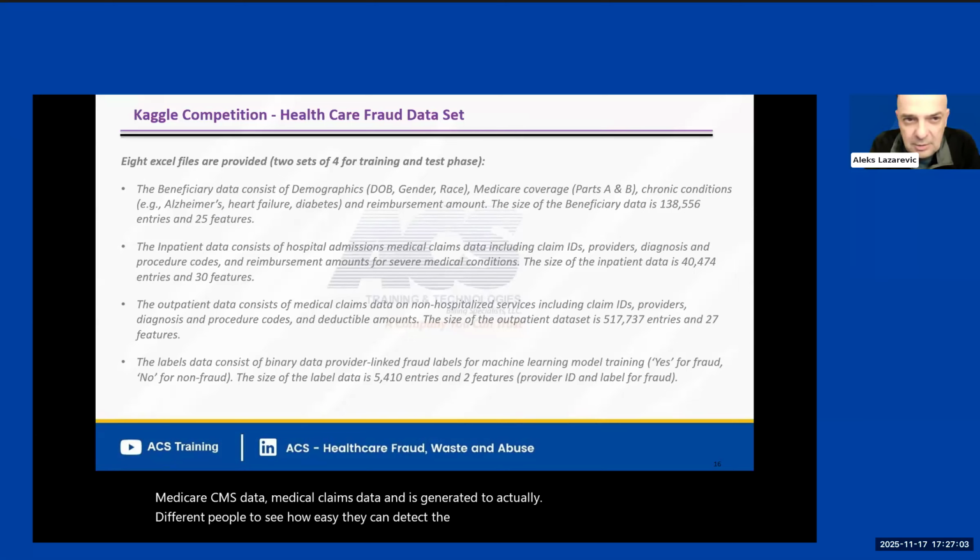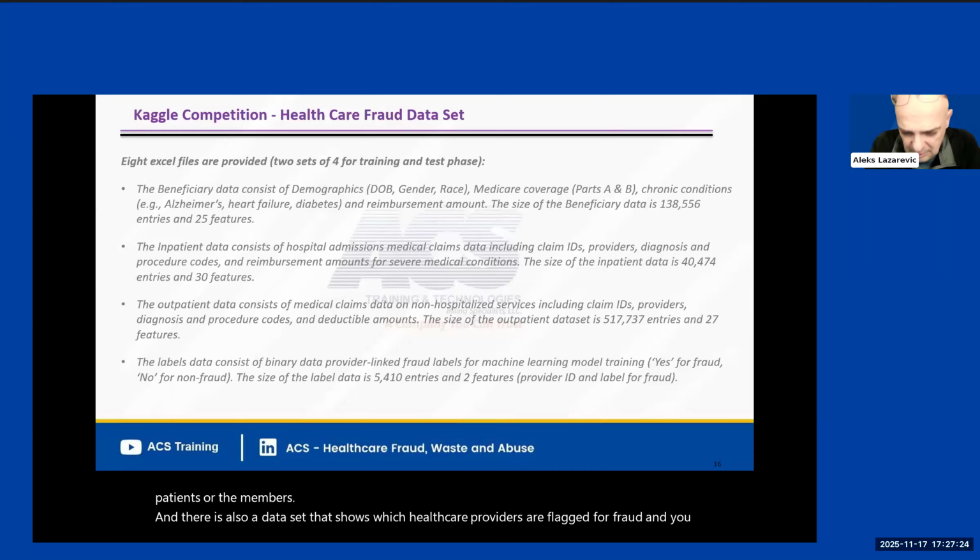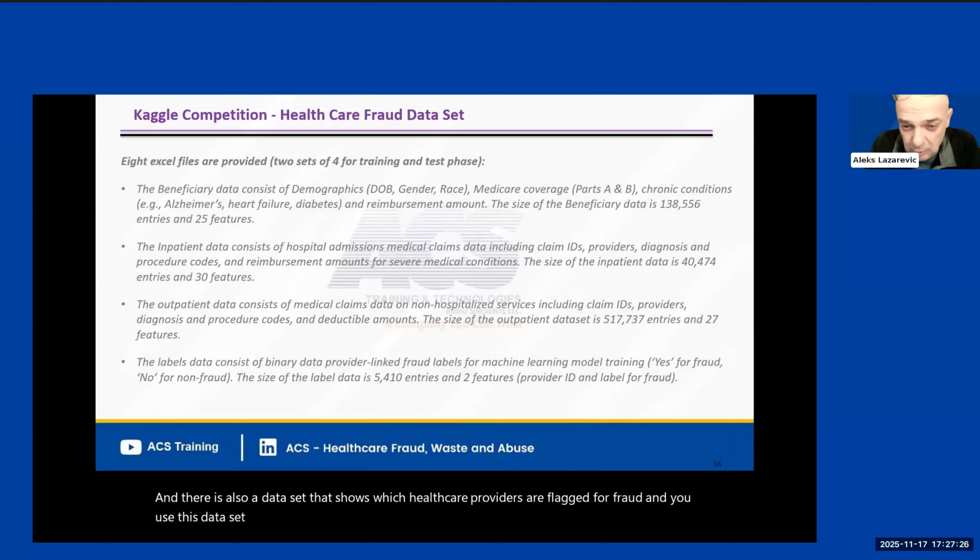There are 8 files: inpatient data, outpatient medical claims data. There is beneficiary data, which is basically the data about the patients or the members. And there is also a data set that shows which healthcare providers are flagged for fraud. You use this data set of flagged providers to learn and train your model.